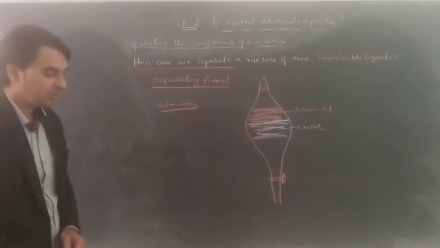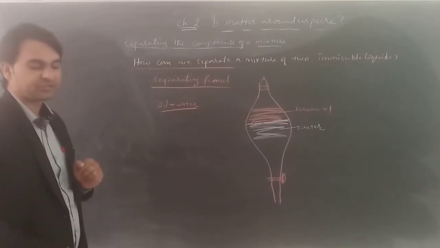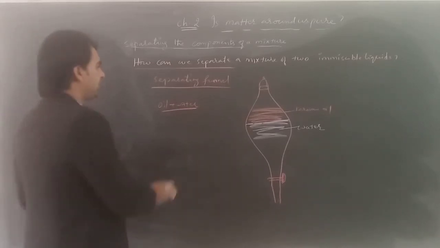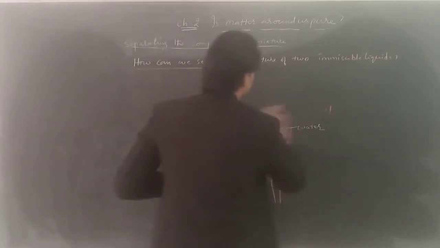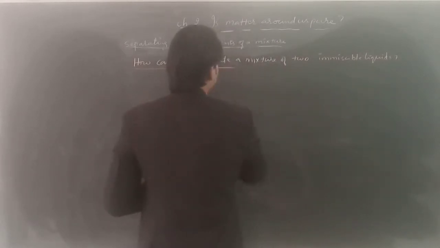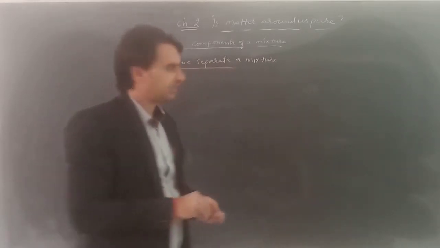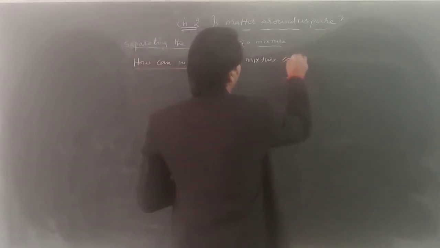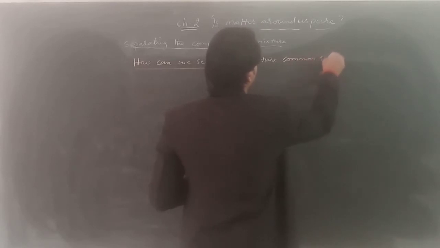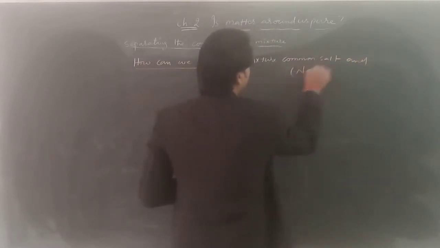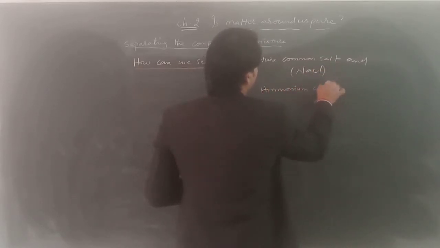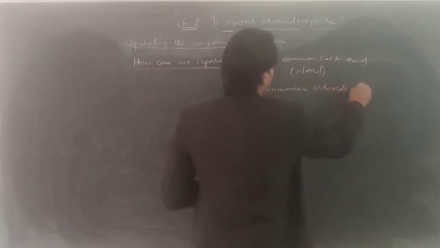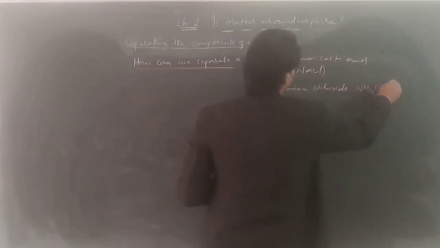Now how are we going to separate a mixture of common salt and ammonium chloride? The next technique I will be using here: how can I separate a mixture of common salt, that is nothing but NaCl, and ammonium chloride, that is NH4Cl.